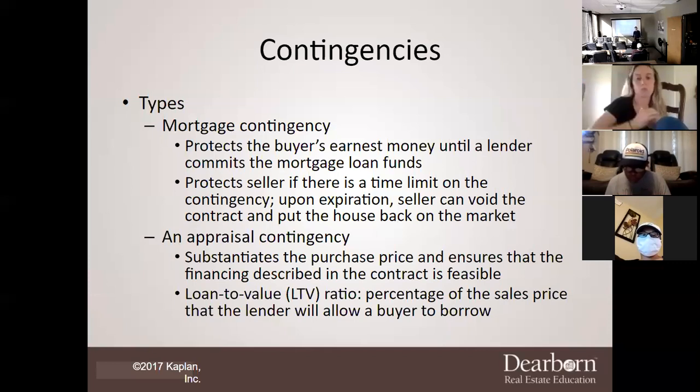If you're going to do a cash deal, there's no lending involved, so you don't have to have an appraisal contingency. But if you are getting funding, then they will have to have an appraisal contingency.